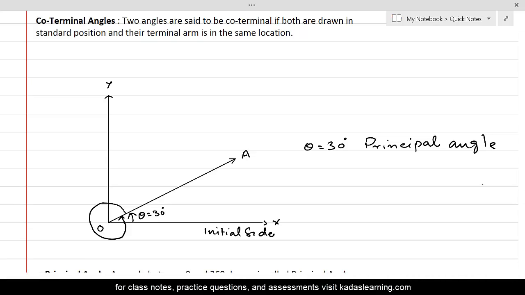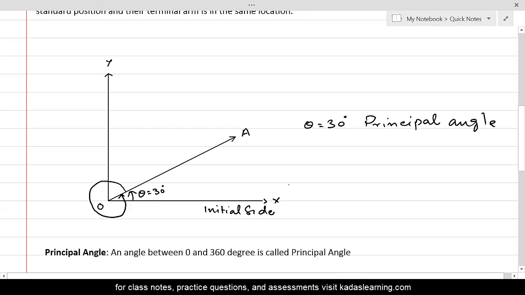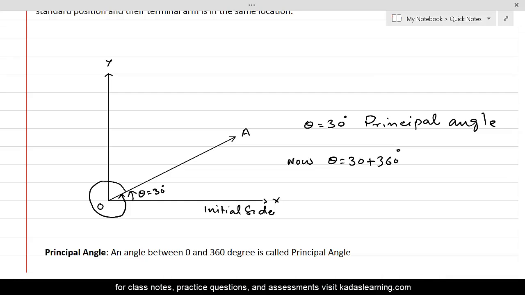Now if we add 360 degrees to this, theta is equal to 30 degrees plus 360 degrees. Even when you add 360 degrees, we are going to end up at the same terminal arm. So now theta equal to 30 plus 360 degrees is coterminal with 30 degrees.